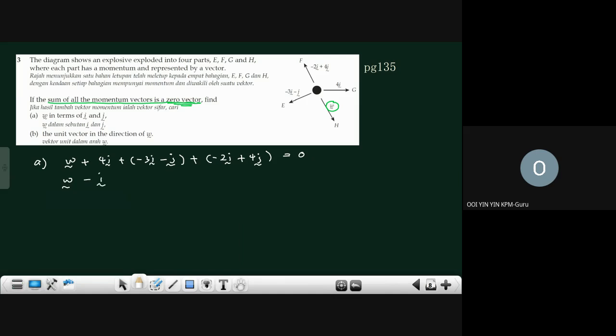And your negative j plus 4j will give you positive 3j. All this equals 0. At the back is still 0. We remain our lambda here. Your i and j move to the other side, becoming positive i minus 3j. That is your vector of lambda. Done. Easy, right?